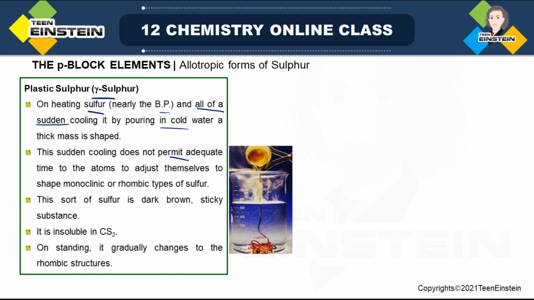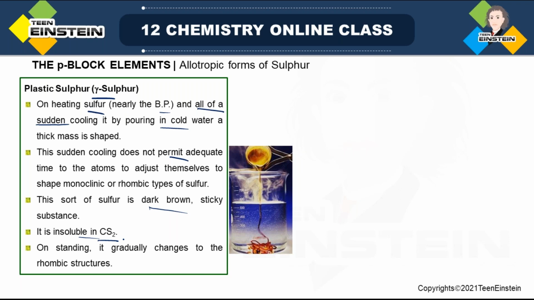So that is the reason it is not crystal. This sort of sulfur is dark brown and sticky in nature. That is a polymeric type of structure. Insoluble in CS2. As it has a polymer type of structure, it is really difficult to break this.